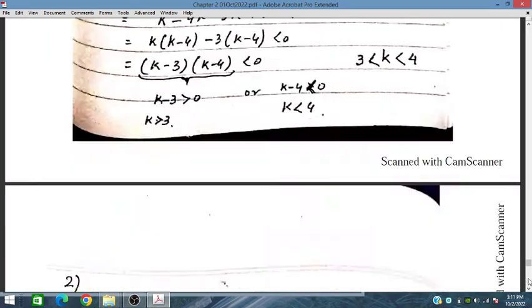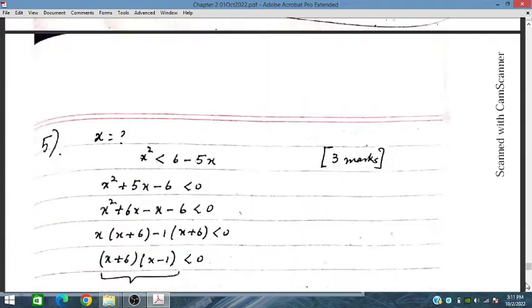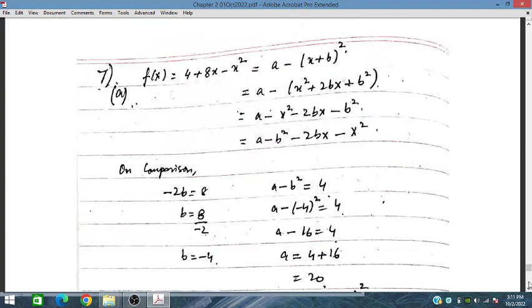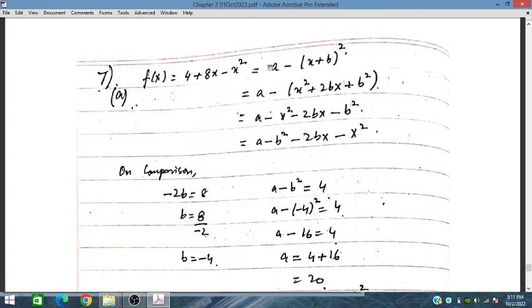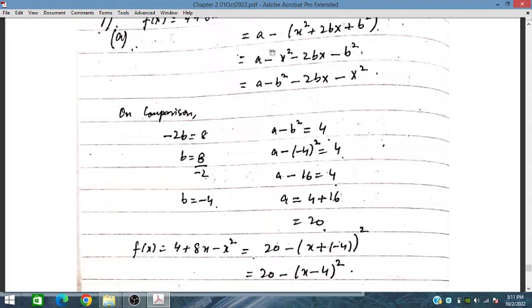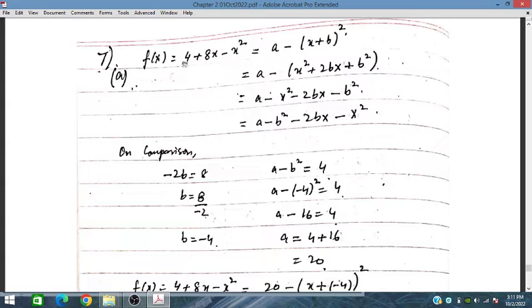7. This is compared with this one. On comparison, as we have done earlier, you can solve it. This a minus b squared is equal to 4, and this minus 2b is equal to 8. This is minus 1, same.